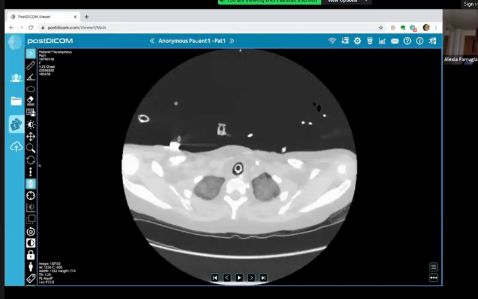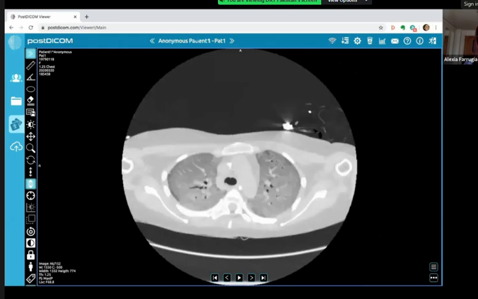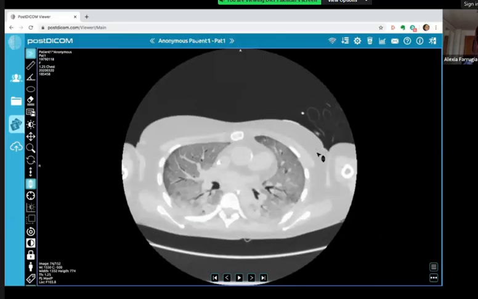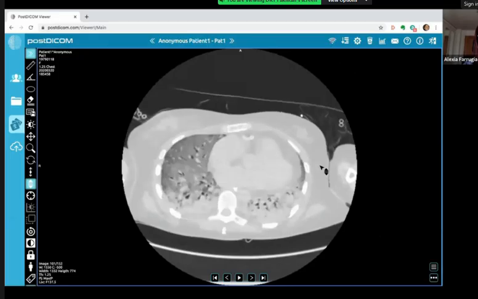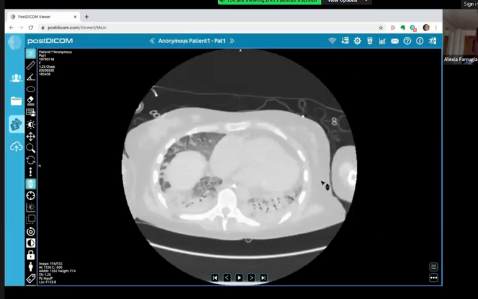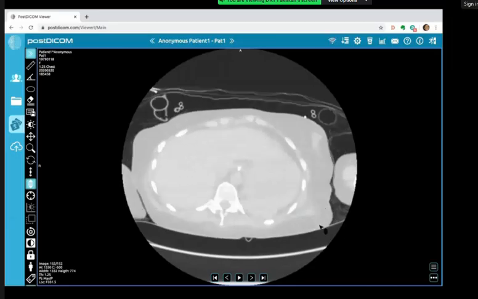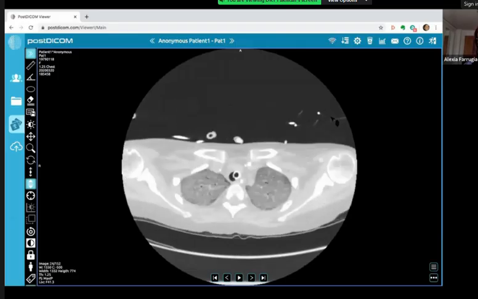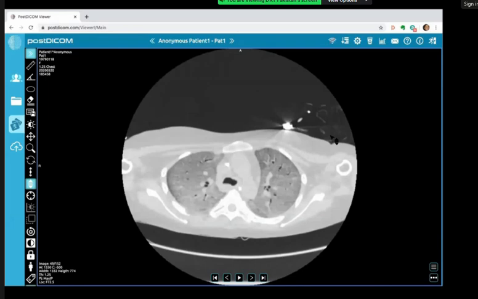She's now intubated. Okay, so now we'll go back up and scroll again. The ET tube is in correct position.